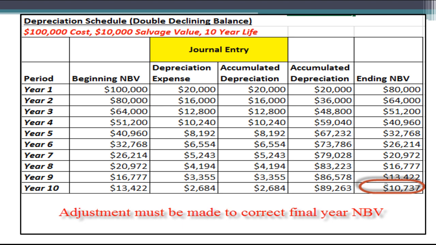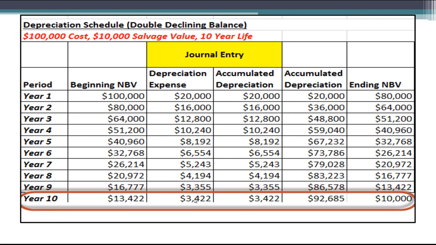So what that means is we don't want to use just the calculated amount. We started the year with $13,422. We need to get to $10,000, so we need to take $3,422 of depreciation to get there. And if we do that, we end up right at $10,000.